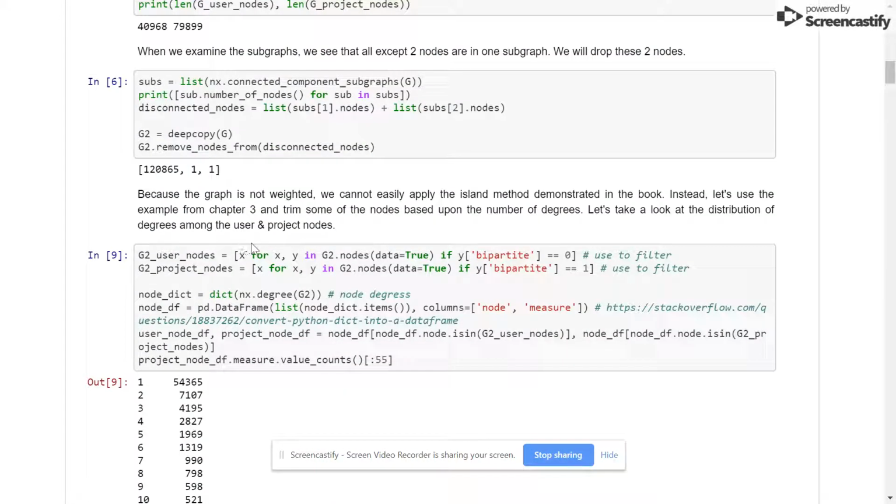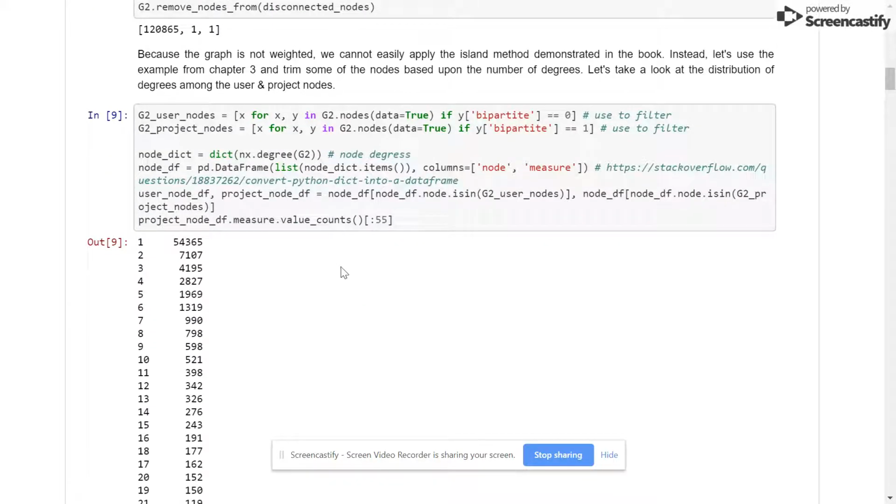When we take a look at the subgraphs, we see that 2 of them only have 1 node each, so we'll drop those. And because our graph isn't weighted, we can't directly apply the island method demonstrated in the book. Instead, we're going to use the example from chapter 3, and we're going to trim nodes based upon the number of degrees.